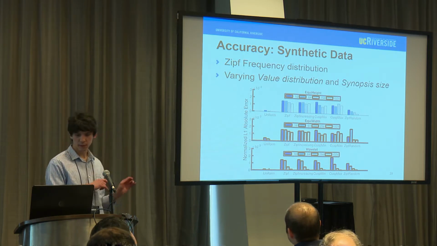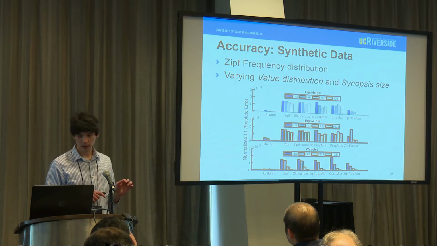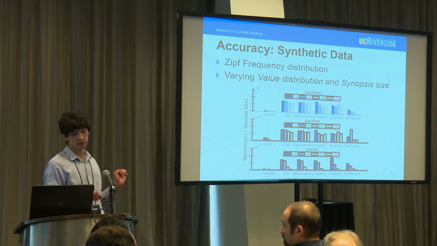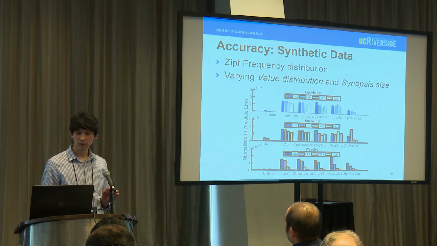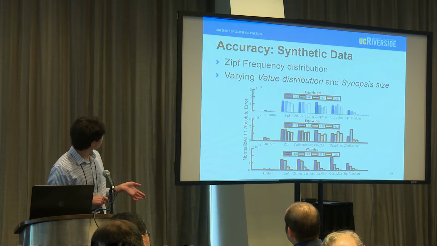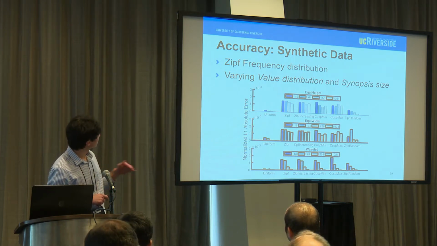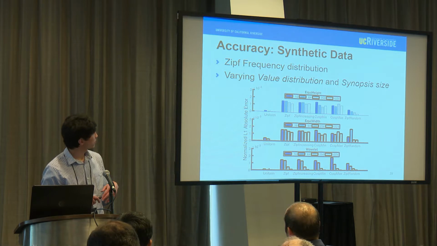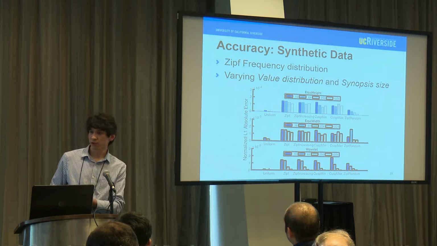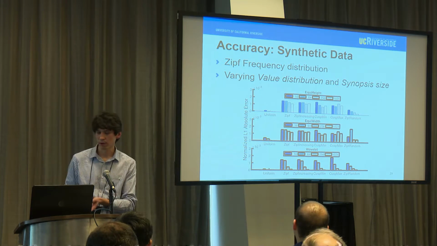So this is one of the graphs showing the accuracy for the data set with Zipf skewed frequency distribution, and we varied different value distributions here, and also increased the size of the synopsis in terms of buckets for the histogram or coefficients for the wavelets.